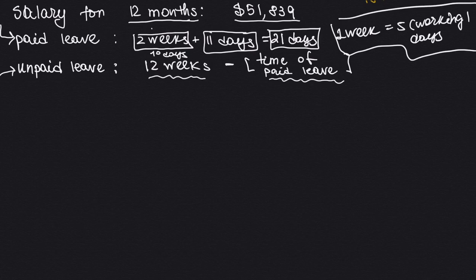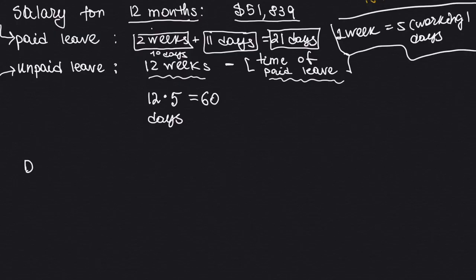So now 12 weeks is going to be how many days? Well, we have to multiply it by 5, so that's going to be 60 days. So Sam can take 60 days of leave total, and out of those 60 days, 21 are going to be paid leave.